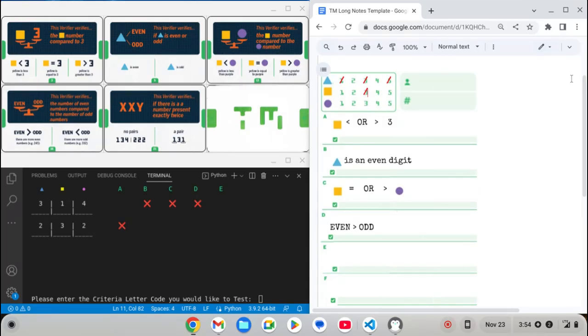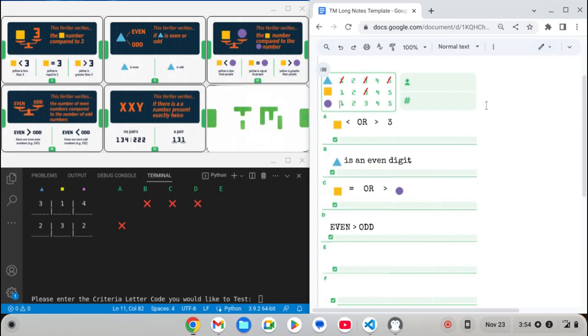So let's see. Because we crossed out the 3, I don't know if we can cross out anything in circle. I guess, at this point, can we even cross out 5?